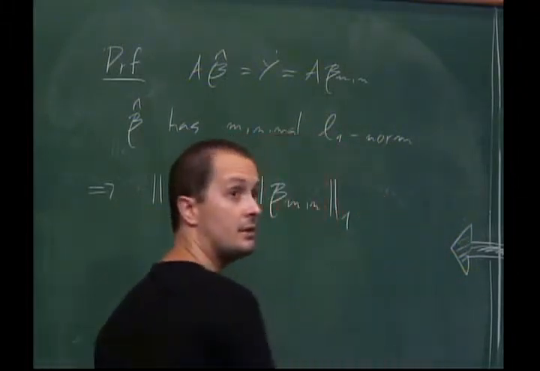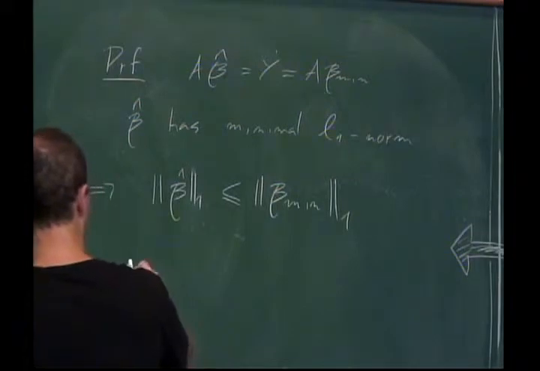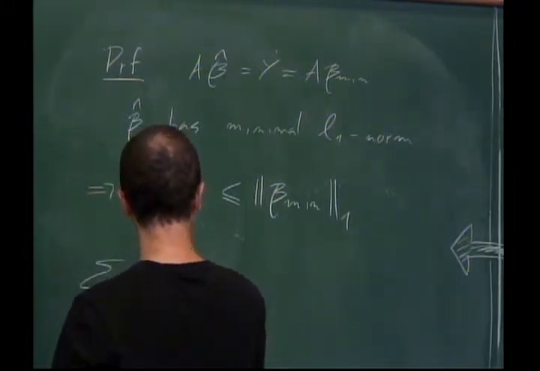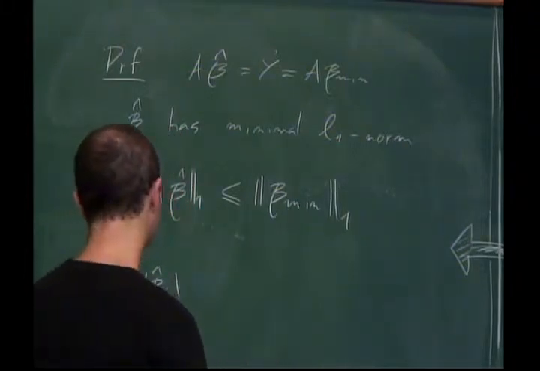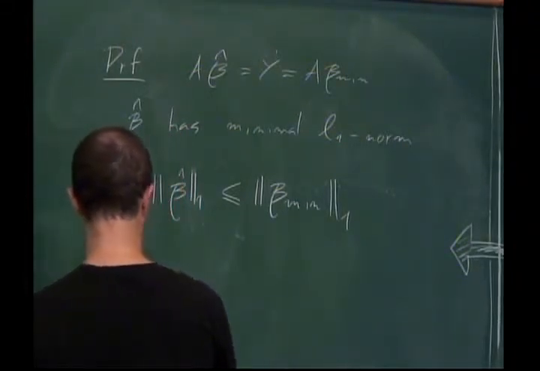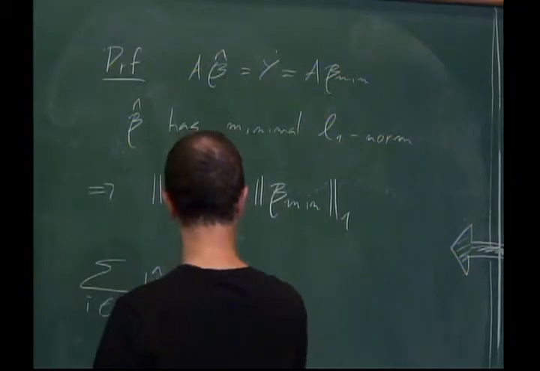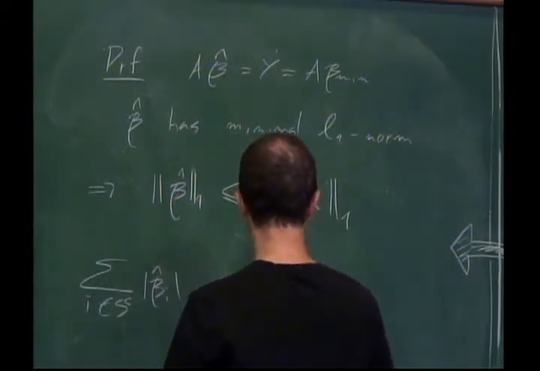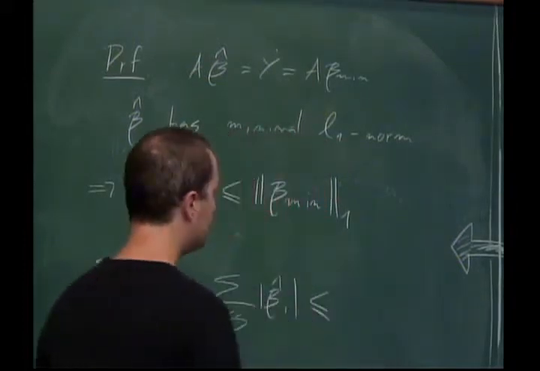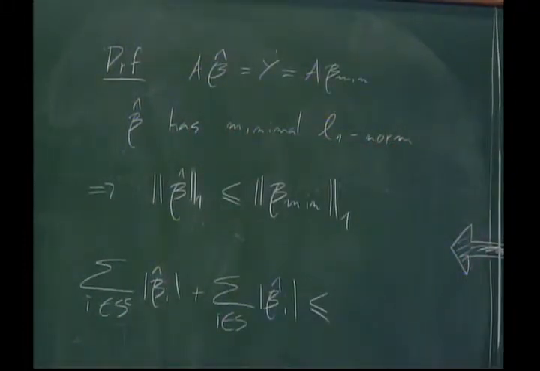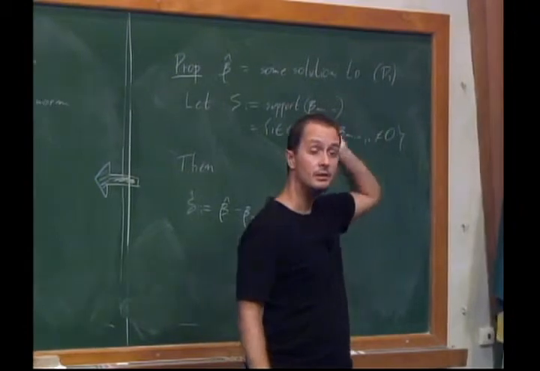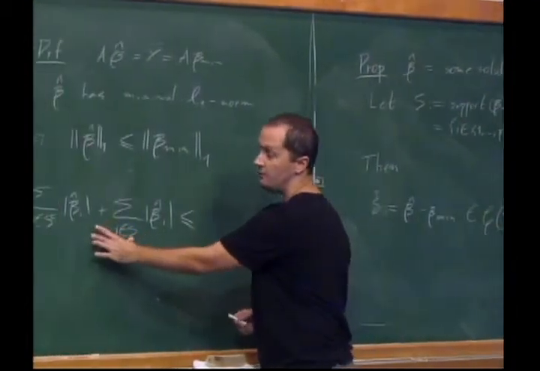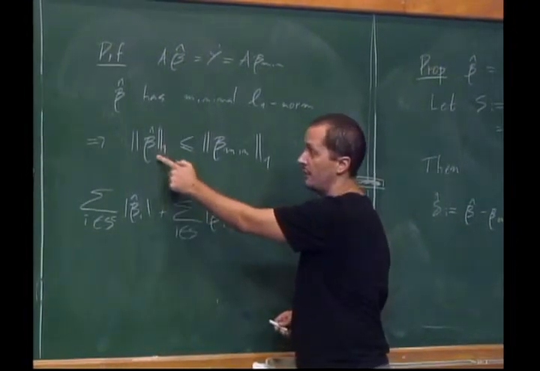And let's write this in terms of coordinates. So you have, and let me write it like this, take the sum over coordinates in S complement, the sum over coordinates of beta hat i, plus the sum over S. Remember, S is the set of non-zero coordinates of beta min. So the sum of these two things is the L1 norm of beta hat.